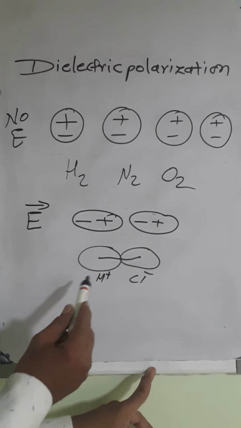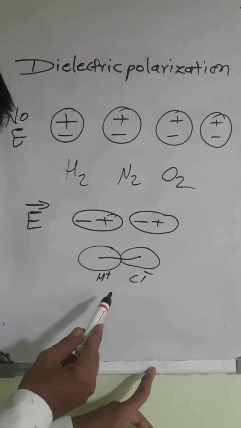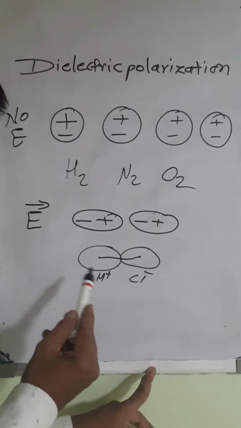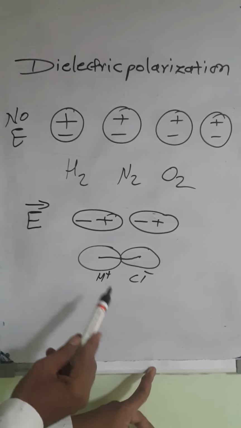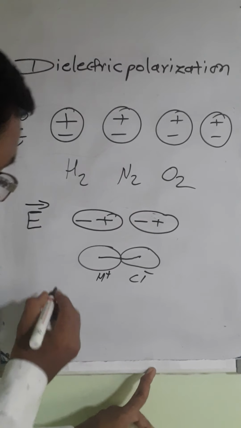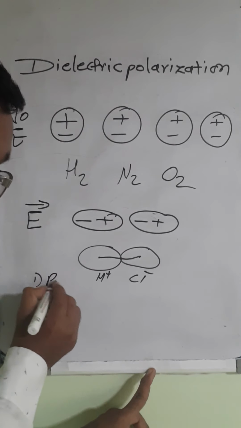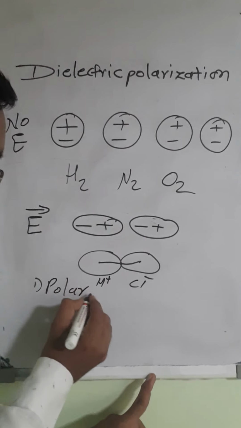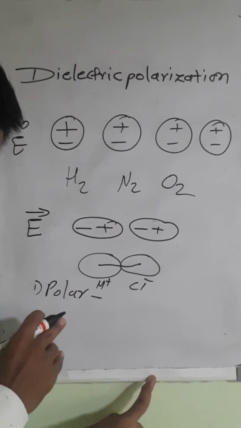Depending upon this polarization property, in the absence of an external field, the molecules of dielectrics are classified into two types. One is the polar molecules. So in the polar molecules, what will happen?